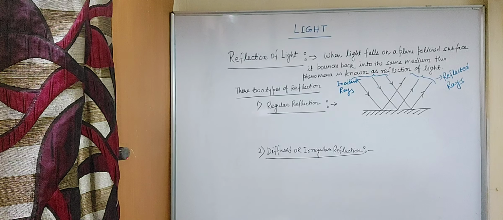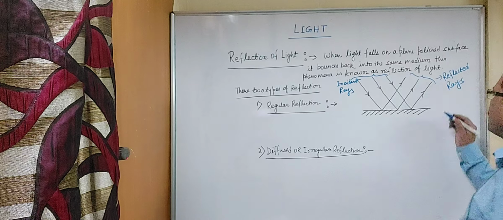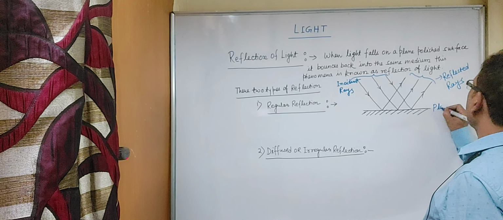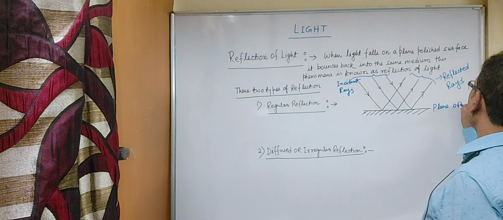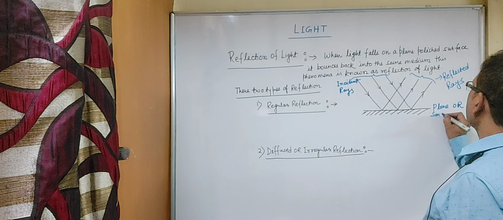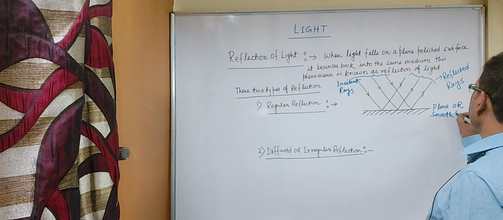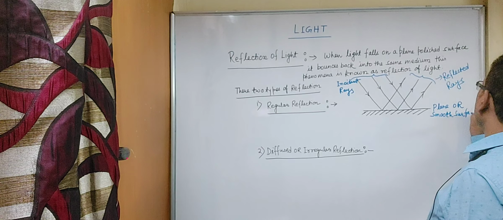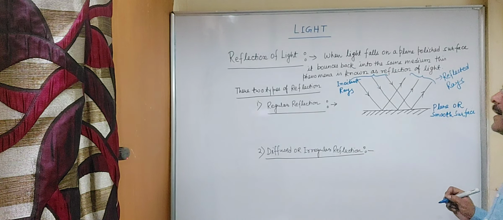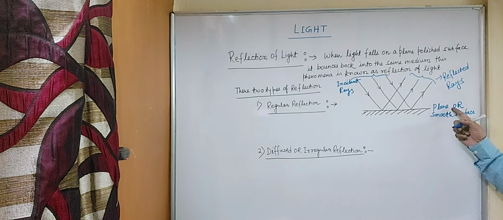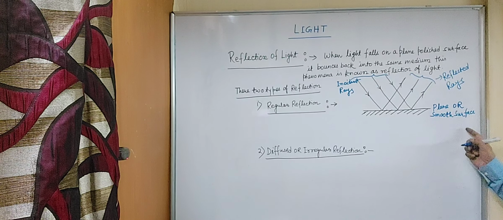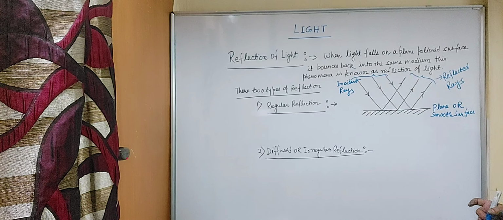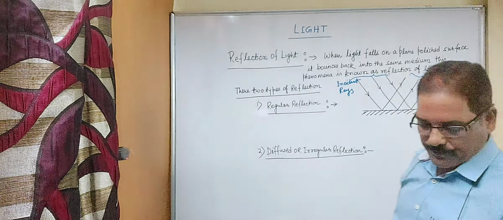So this is in case of regular reflection, and this is a plane or smooth surface. So you must know that a regular reflection takes place on a plane or a smooth surface, and the incident rays and the reflected rays are parallel to each other in case of regular reflection.